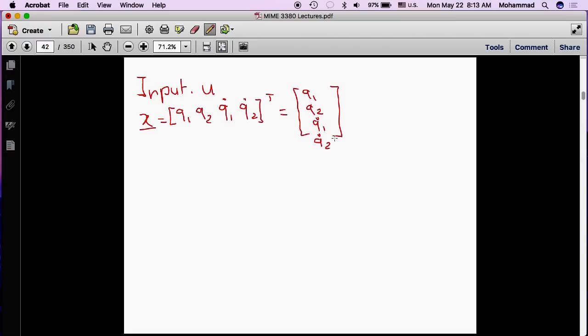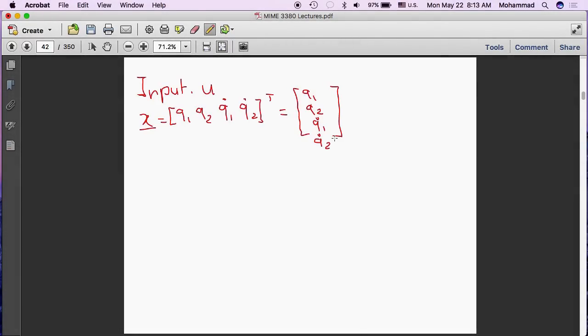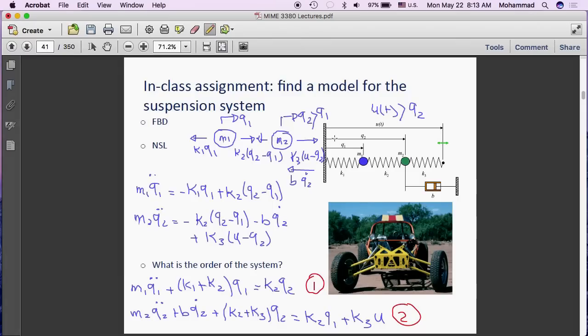I want to relate you, the input of the system, to which one of these four variables? And what is your guess or answer? Do you want to see the system one more time?